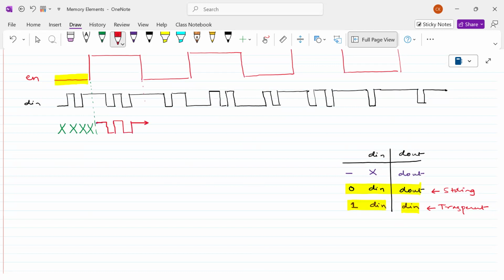Now, what is the enable signal here? 0. That means the previous value will be there. The previous value at this instant of time, what is it? Just delta t of the previous value. That will be continued.